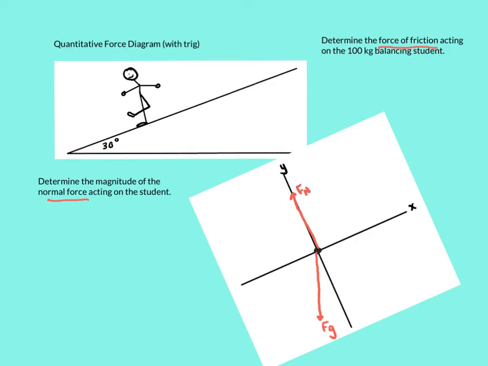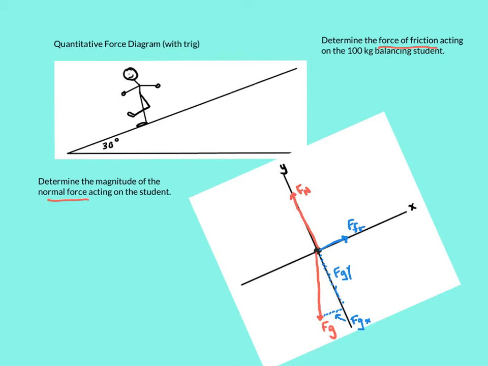I can take my force of gravity and break it into its two components: the force of gravity in the x direction and the force of gravity in the y direction. Since the student's not moving, my net force must be 0, so there's another force here, and that's your force of friction. Those are the forces involved here.